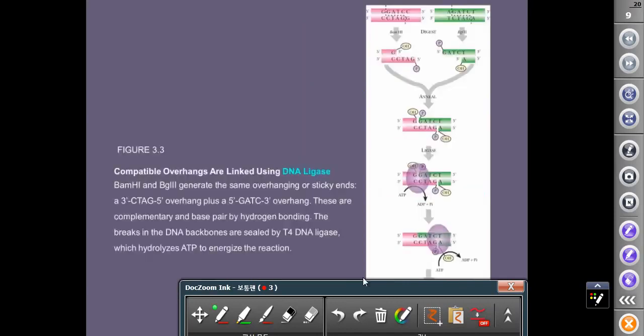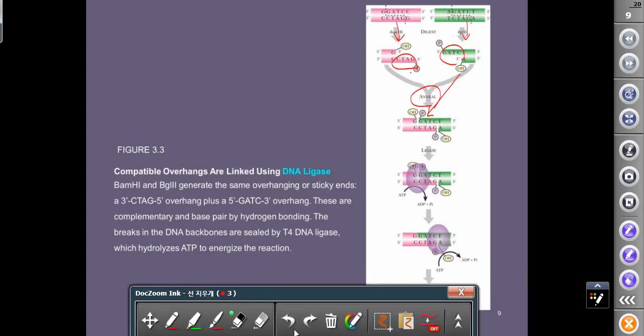So let's say now you have these two sticky ends from these restriction enzymes. After they cut, you have these sticky ends, and they tend to seal again. When you anneal them, they tend to reseal like that.